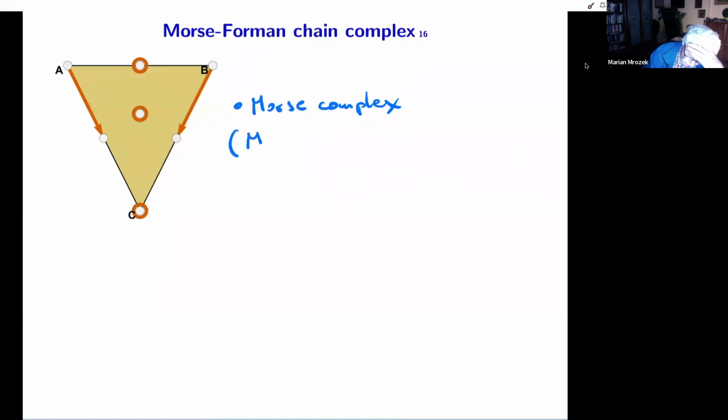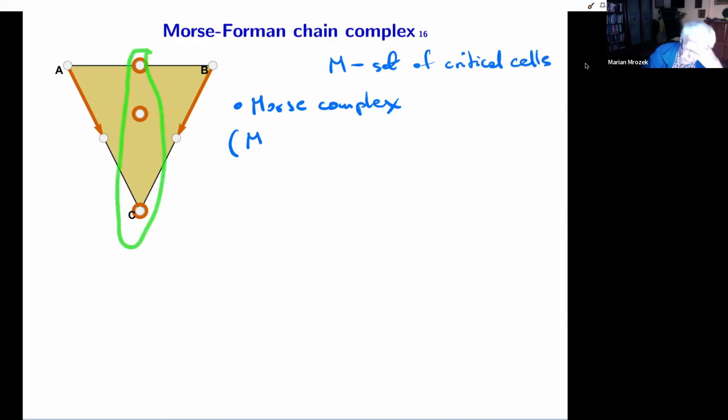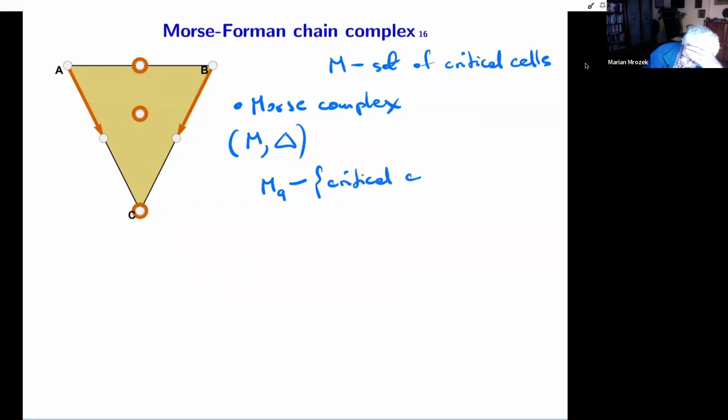So it consists of the collection, so let M be the set of critical cells. So in this case, only those three. And then you need a boundary operator such that the basis of the q-chains is just the collection of critical cells of dimension q.